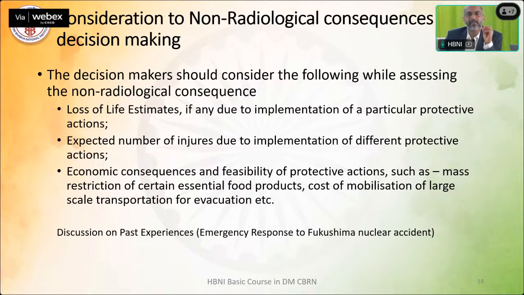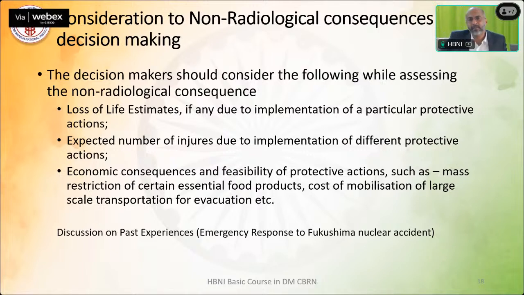When you decide on implementing certain protective action, you should also look at the feasibility of implementation. So if you are trying to implement a mass restriction of certain essential foods, we should also look into the feasibility, and the cost of mobilization of large-scale transportation for evacuations.